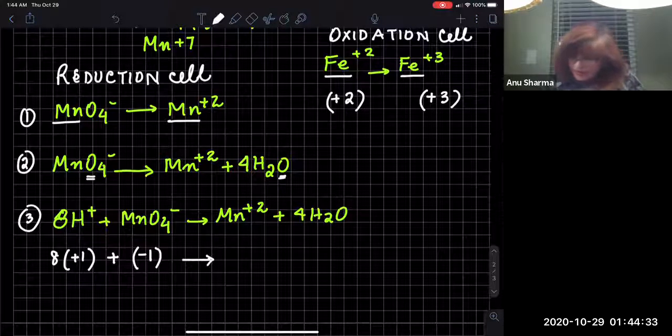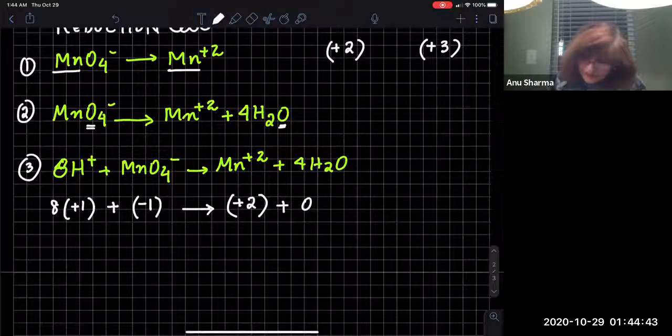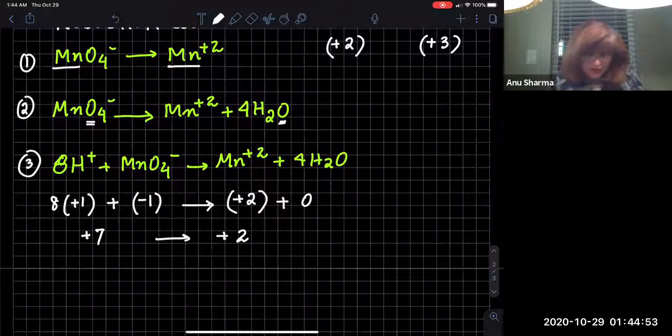And then here you have 2 plus charges coming from manganese, and then the water is going to be 0. So here you're going to get 8 minus 1, that is plus 7 charges, and here you have only plus 2 charge. Okay, so how are you going to balance these?